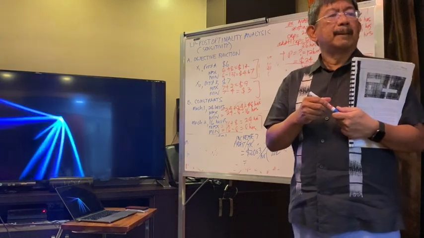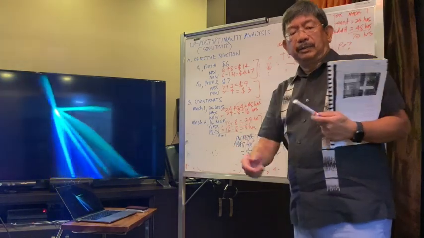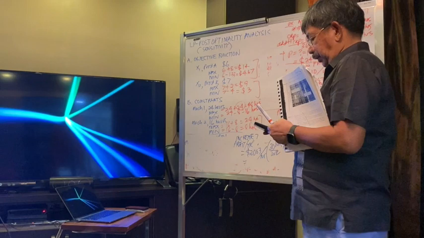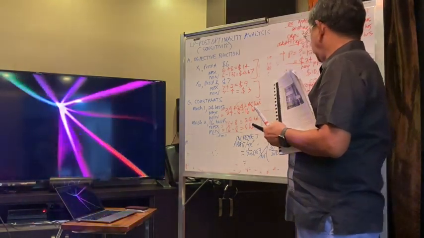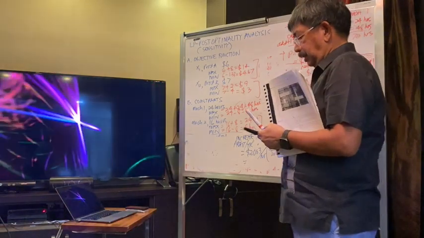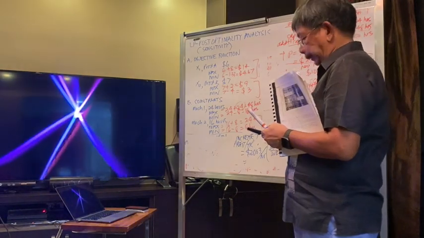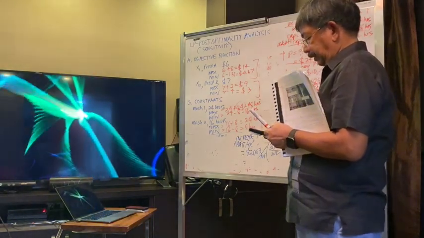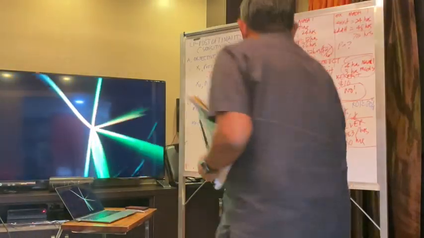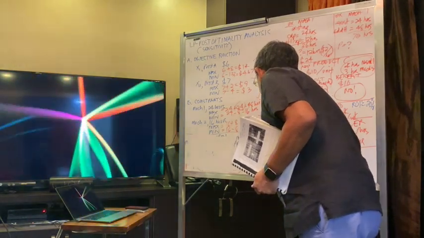So 2.083 times 30 times 50 is equal to 3124.5.